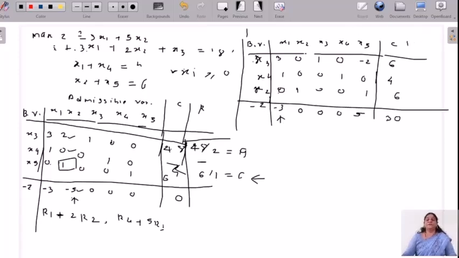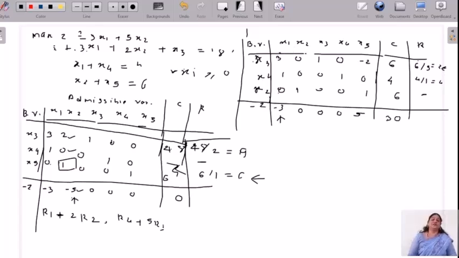Now find the ratio. How to find the ratio, you know. Consider the right hand side constant 6 upon the element in that column, 6 upon 3 which is 2, 4 upon 1 which is 4, and 0 in this direction.